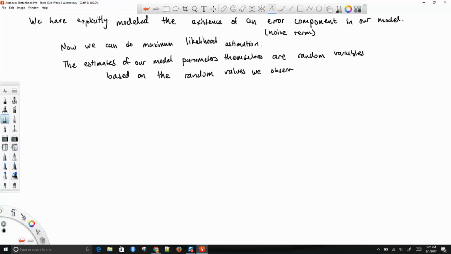Contrast that to trying to minimize the squared residual function.